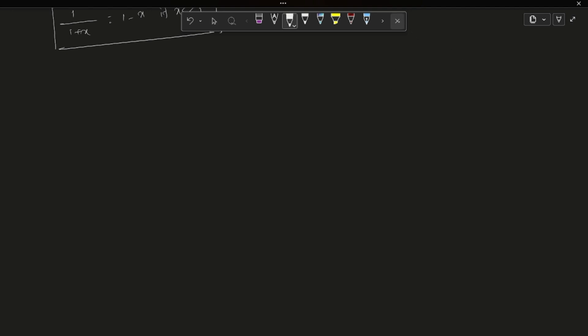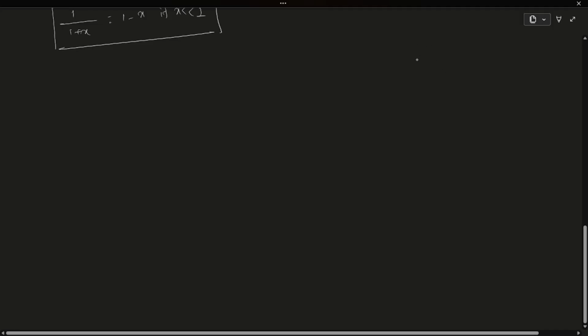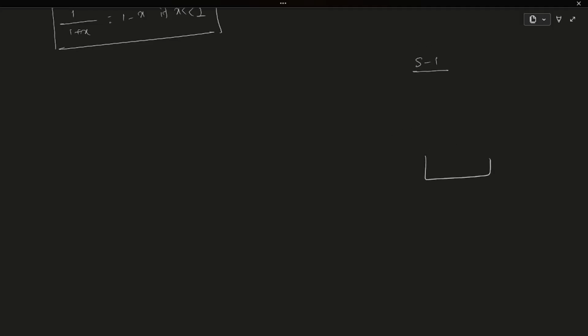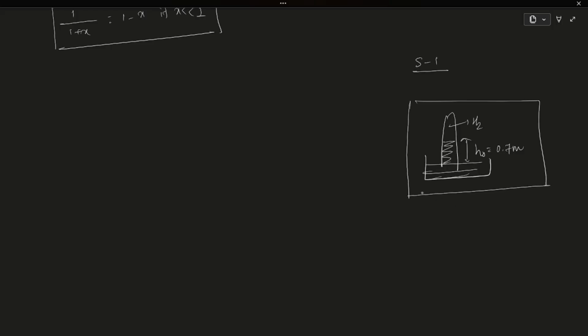So this is scenario one. There is a pan. This is the mercury level. This height H naught is given as 0.7 meter. This is H2 gas. This is the chamber.